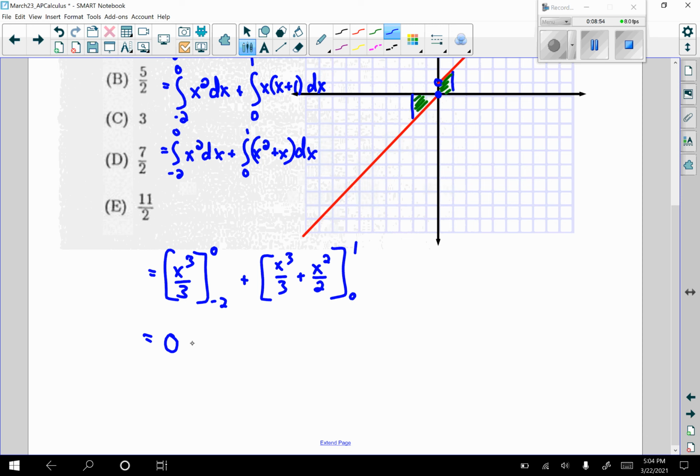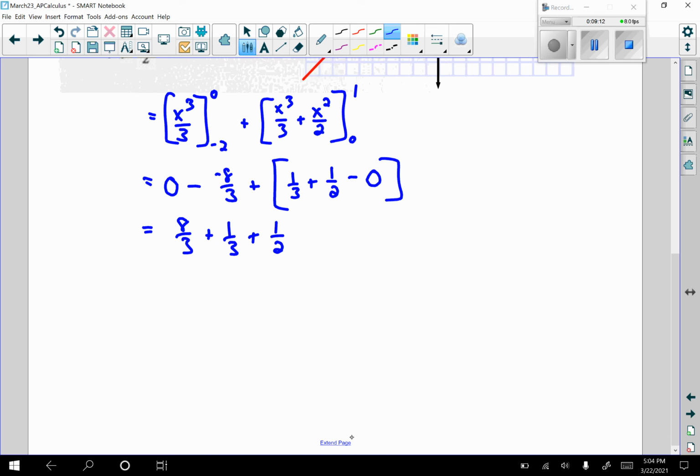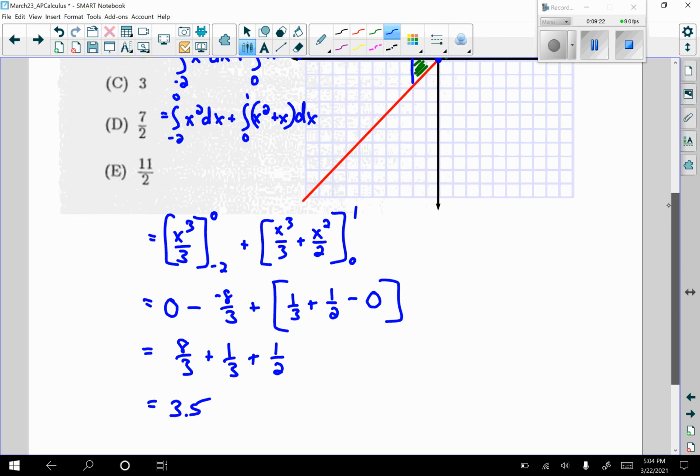So we're going to get 0 minus, now -2 will become -8/3, plus, we'll put the 1 in first, so we'll get 1/3 plus 1/2, and then technically minus our 0 there. So we're going to get 8/3 plus 1/3 plus 1/2. So this gives us 9/3 or 3, 3 plus a half, so we're going to get 3.5 or 7/2, which is D.